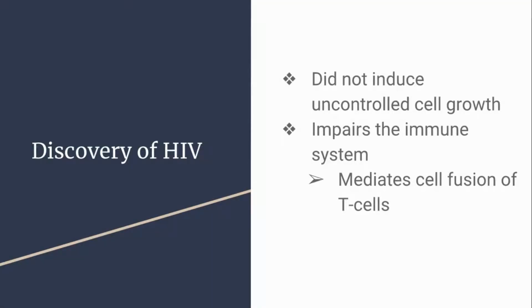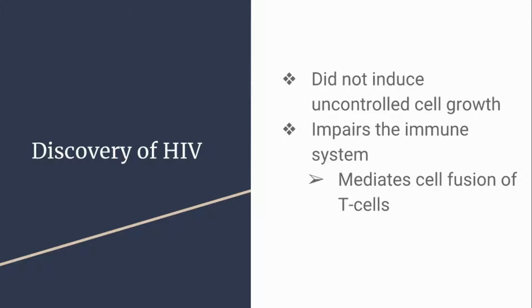In contrast to previously characterized human retroviruses, this retrovirus they had discovered, now known as human immunodeficiency virus, in other words, HIV, did not induce uncontrolled cell growth.